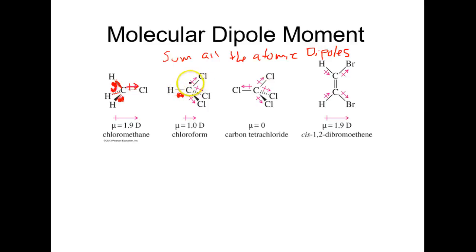Now notice I have a dipole going that way, a dipole going this way, and a dipole going that way. If I were to add these up, this is like in physics, for anyone that's done vector analysis, this is the same as vector analysis. Some of you have done it, some of you have not. It's very simple. Imagine I have a particle, and I move it this direction and that direction at the same time.